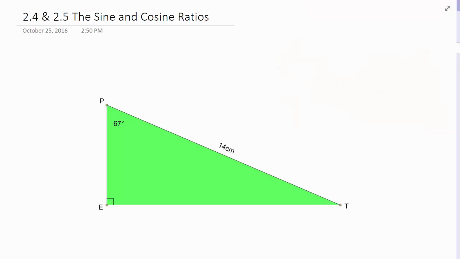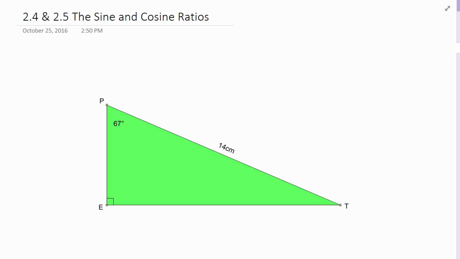For example, with this triangle here, triangle PET, we could easily calculate angle T as 23 degrees, but our old friend the tangent ratio isn't going to do us any good here, whether we're working from angle P or from angle T, because as far as the opposite or adjacent go, we don't know either of those bits of information.